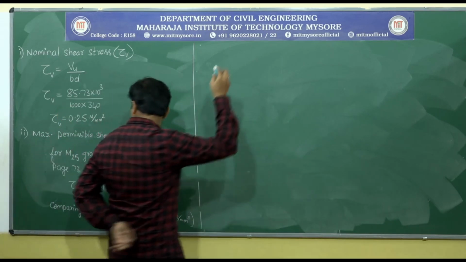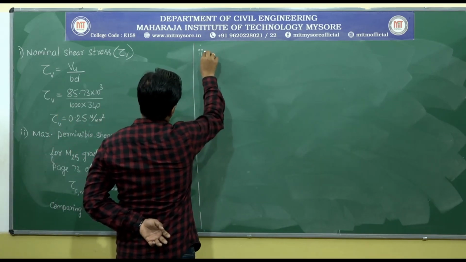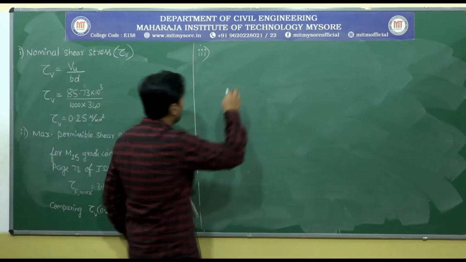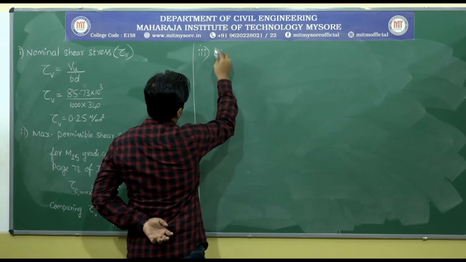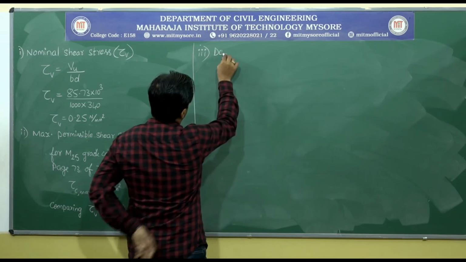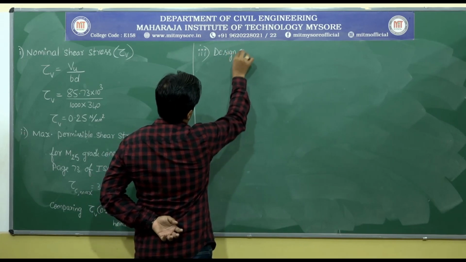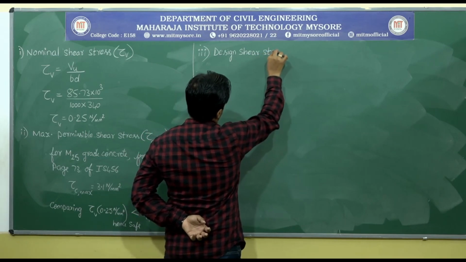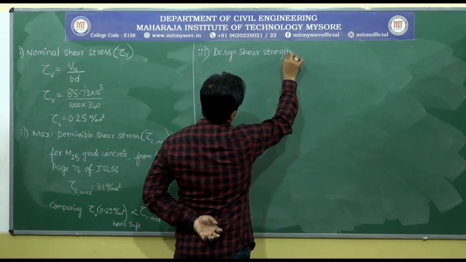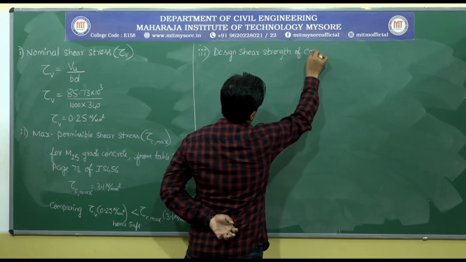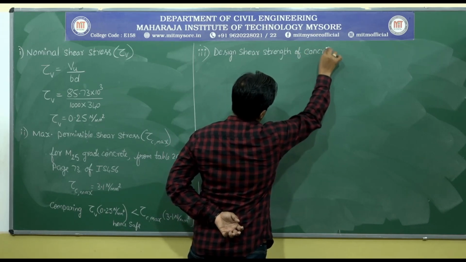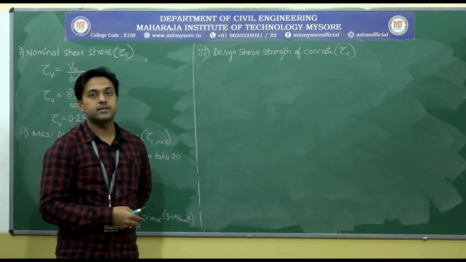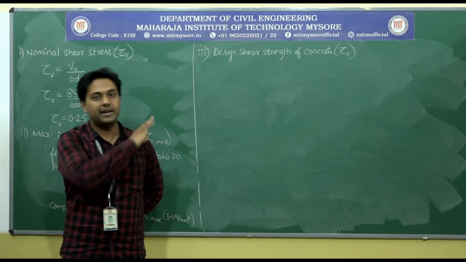Now let me go with the third one, that is the design shear strength of concrete, that is tau C. In the previous design, the design of cantilever retaining wall also, we have done all these things.